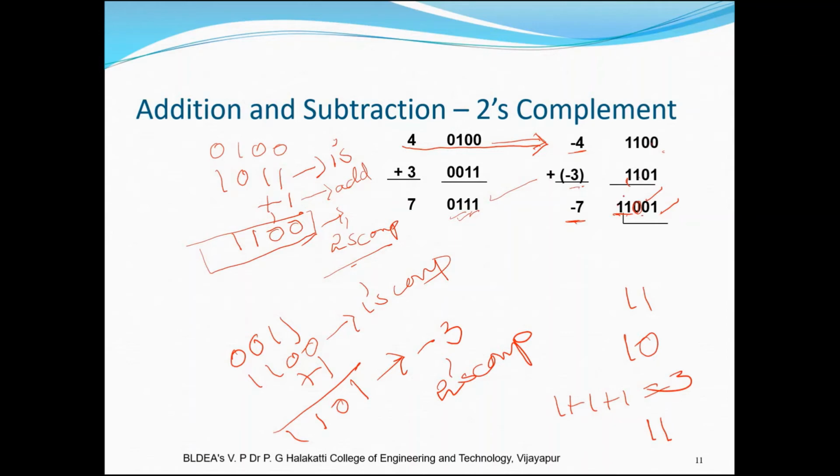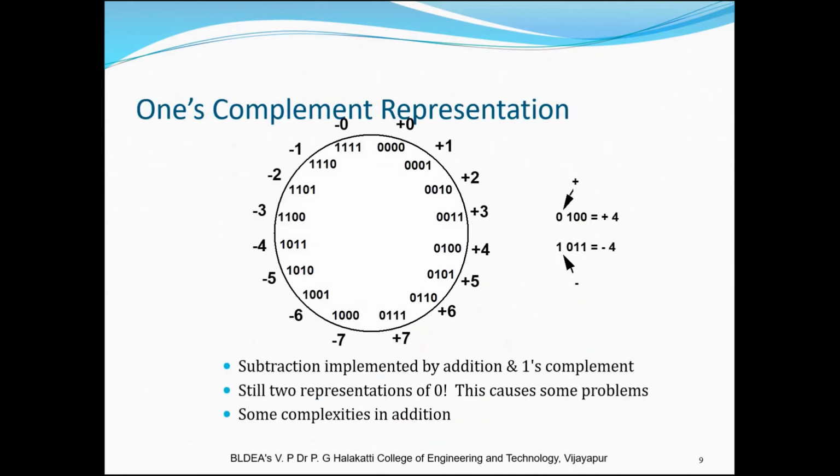Whereas this bit is an extra bit which I call a carry bit, and this can be discarded because our representation is only a 4-bit number. That is, 1001 will be the answer. So let's have a look.